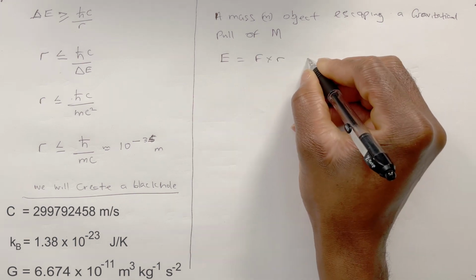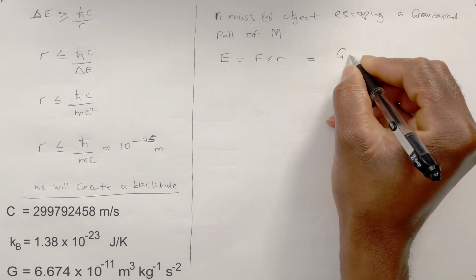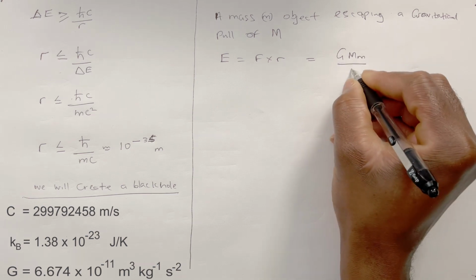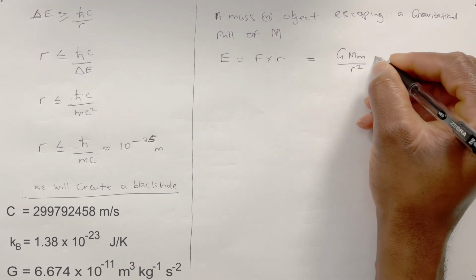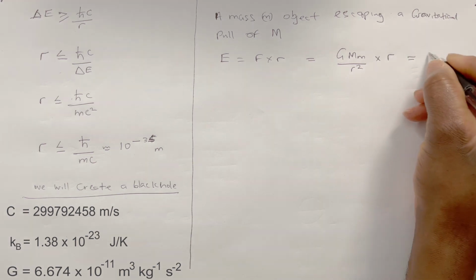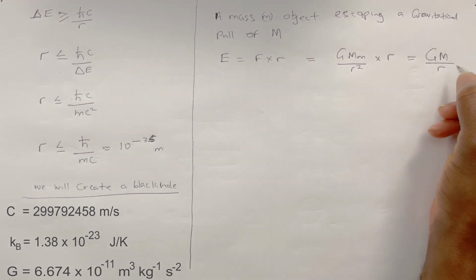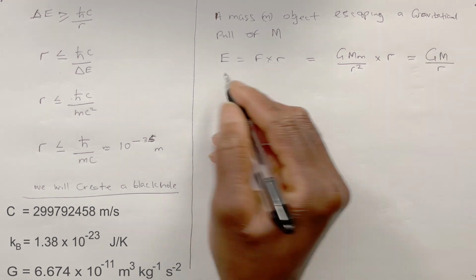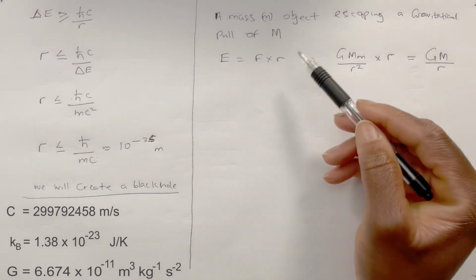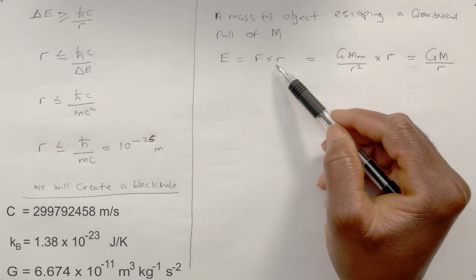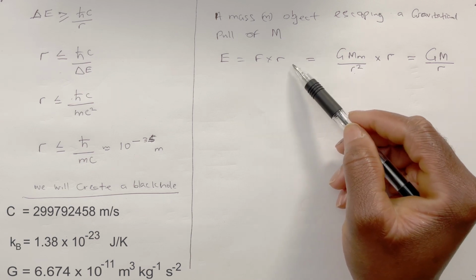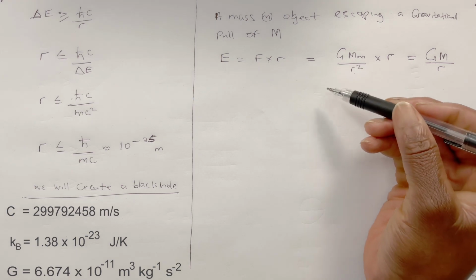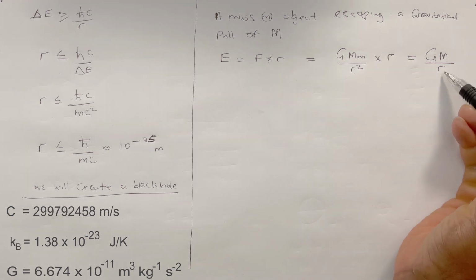We know the force is big G, big M, little m over r squared, Newton's gravitational force, times the distance r, and that will be GMm over r, because the r cancels. You can get this from integration. When you integrate, you do W equals the integral of F dr, moving the object from r to infinity. This is how we get that.